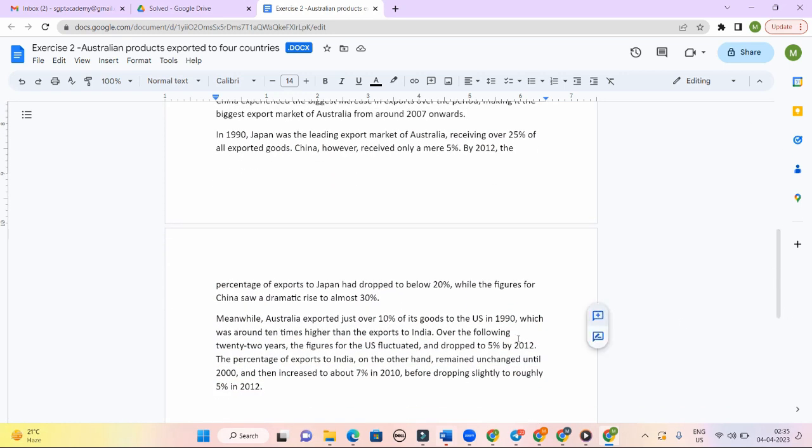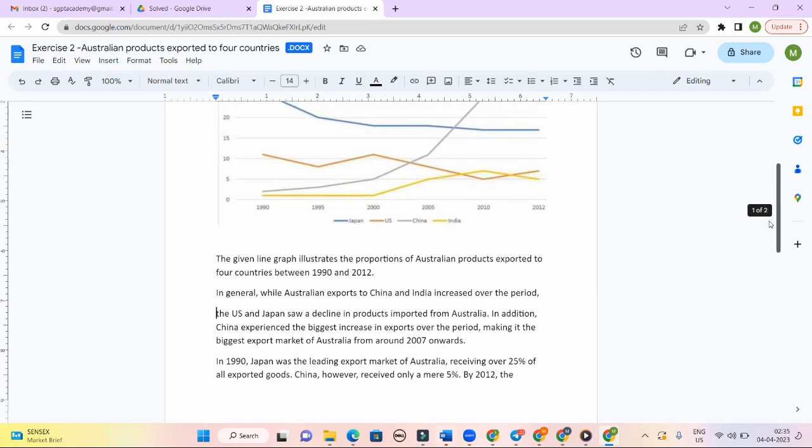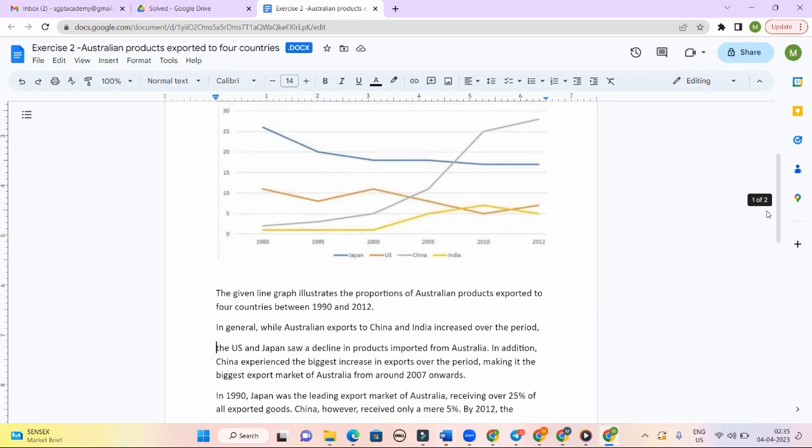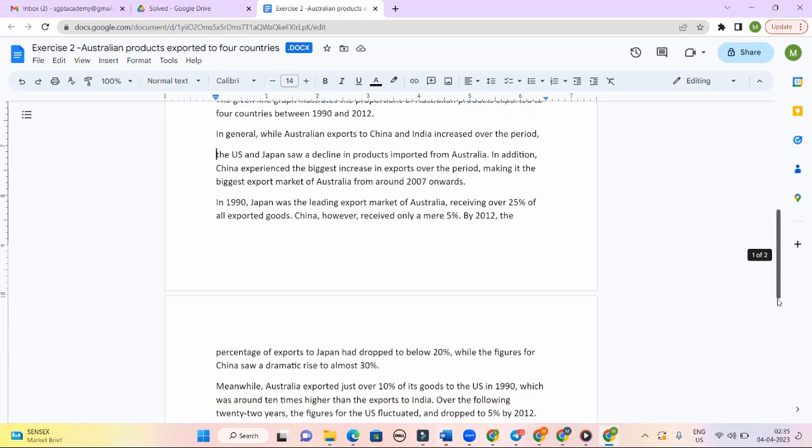Over the following 22 years, the figures for the US fluctuated and dropped to 5% by 2012. So you can see for the US, the graph has really fluctuated for 22 years.